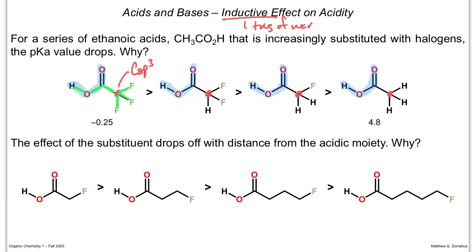In the series below, let's see if I can remember some stuff here. One nomenclature to identify carbons on a chain with a carbonyl: the carbon next door is called the alpha carbon.